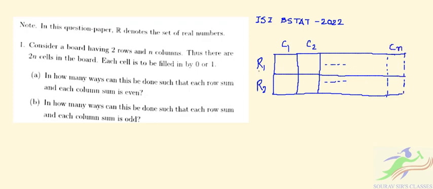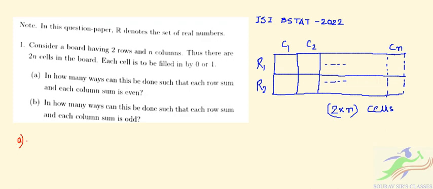So these are the 2 rows and n columns which will have a total of 2n cells, 2 cross n cells. Now it has to be filled either with 1 or 0. So now going to our first question: in how many ways can this be done such that each row sum and each column sum is even.